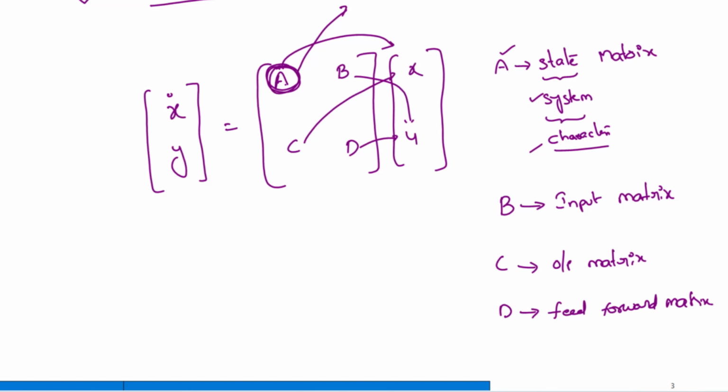Now we want to bring causality into consideration, and we want to make some sort of block diagram for this matrix. So, block diagram representation of the state matrix. Let me take one integral.